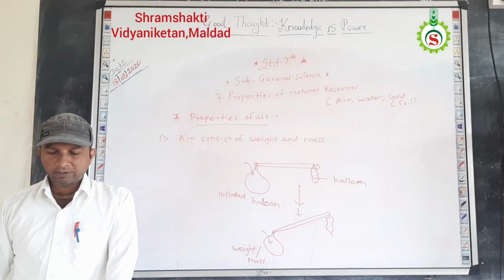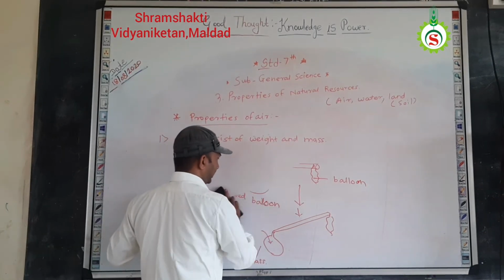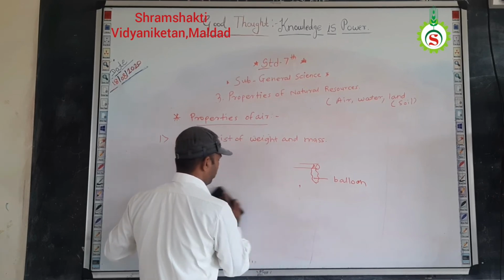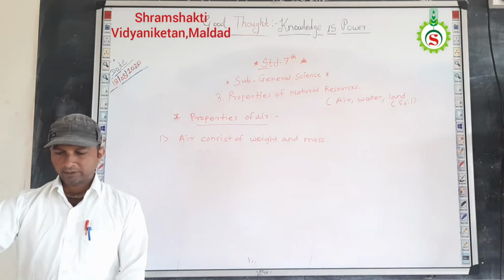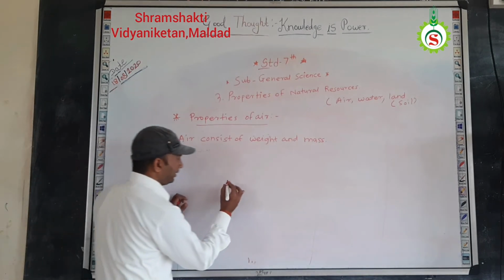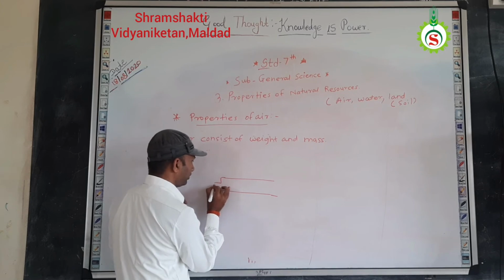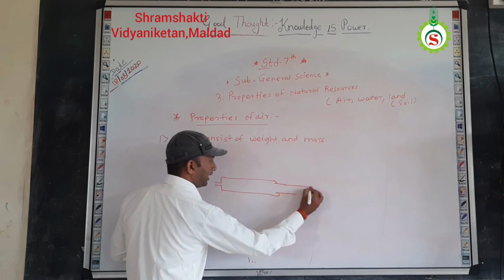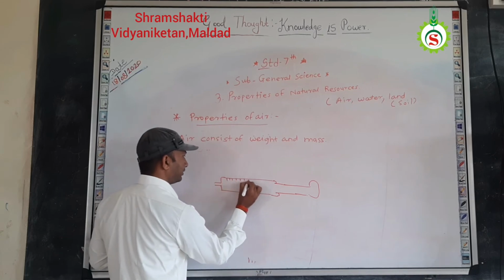Okay, now second activity. Now you have seen the injection syringe. So in the second activity, what we have to do? First you take the injection syringe without a needle. When you draw the diagram of the injection syringe, it is also given in the textbook. It has a piston from the back side, and here there is a marking.